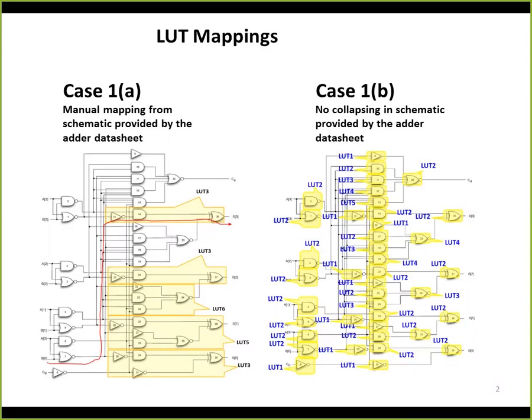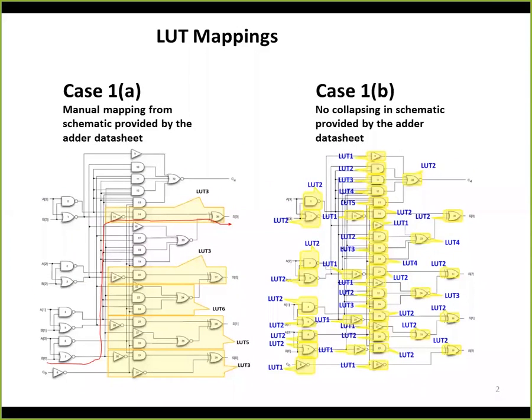The left figure shows the mapping where we try to use the maximum fan-in LUTs, because for the MUX sub-circuit STT-LUT, the delay between the higher fan-in and lower fan-in is not that different. And just for the sake of comparison, I didn't collapse any gates, as shown in the figure on the right, and I just kept all the gates with their own number of inputs as STT-LUTs.